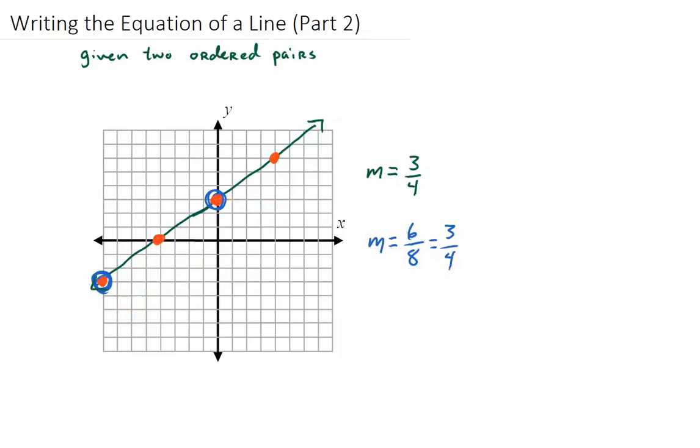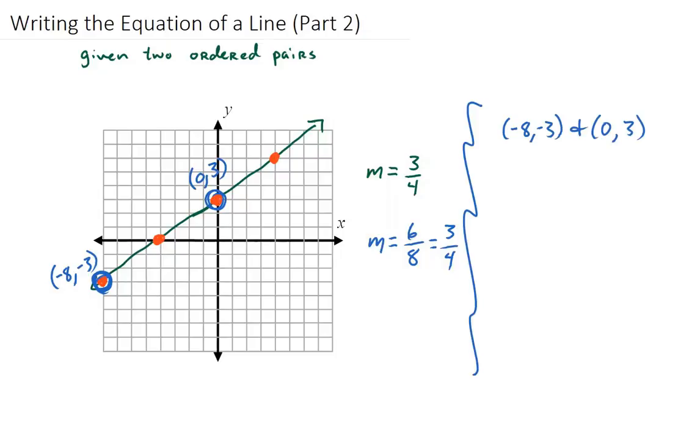Now let's imagine that instead of being given the graph, what we were given were the ordered pairs. So this would be the ordered pair -8, -3, and this one up here would be the ordered pair 0, 3. So let's say we were just given those ordered pairs, and we needed to determine the slope from those ordered pairs.